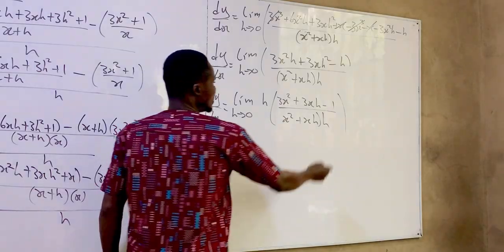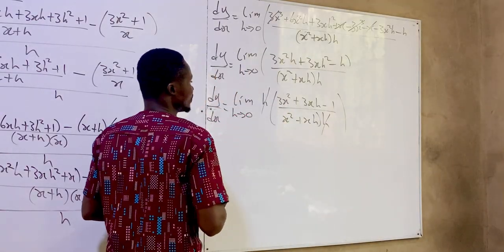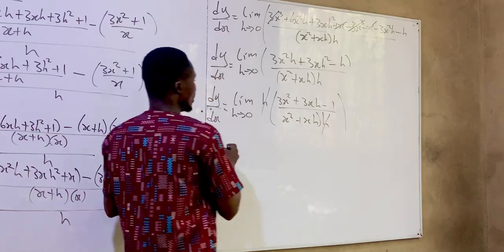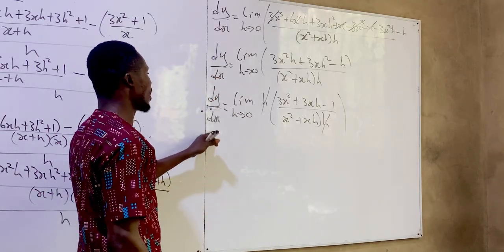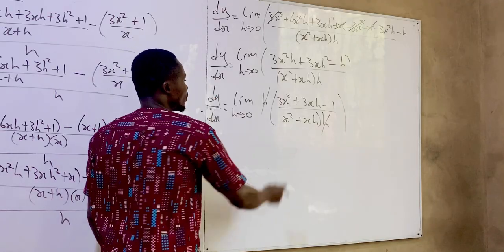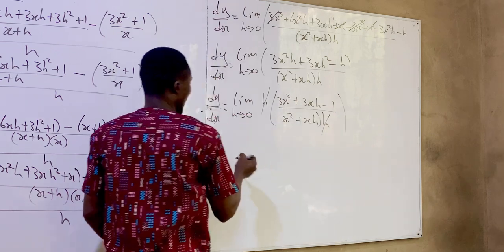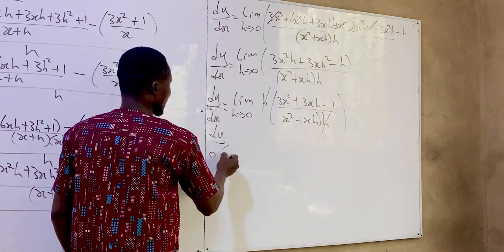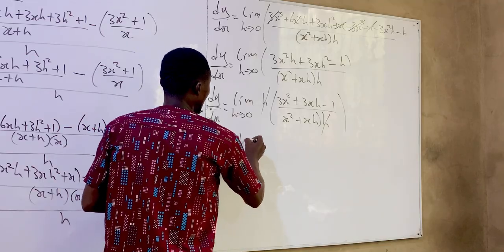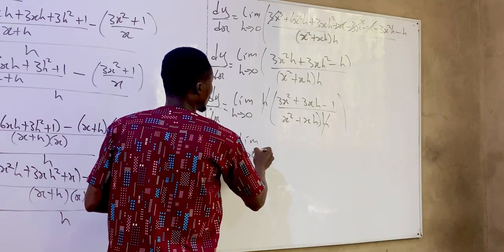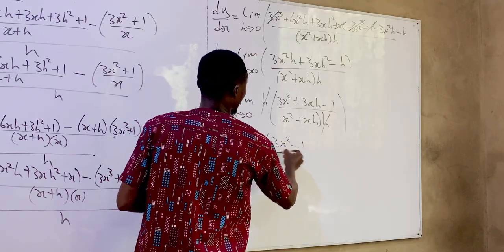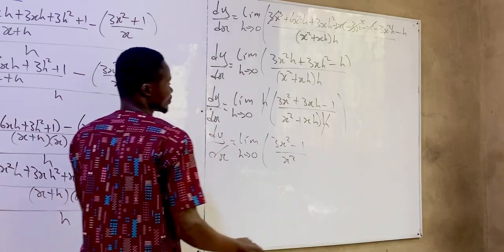So we can say that this h will cancel what we have here. Now from the rule we said that wherever we see h, we substitute 0 over there. So when we substitute 0 here, dy over dx will be equal to the limit of h approaches 0 of (3x squared minus 1) all over x squared.